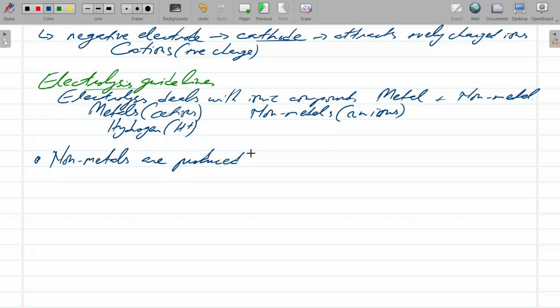It's separating the ions, breaking the ionic bonding. And this is a difficult process, because you have to supply electricity, and use a molten or aqueous solution of that compound. Ionic bonding is very strong. So when you separate them, the non-metals, the anions, are produced at the anode.